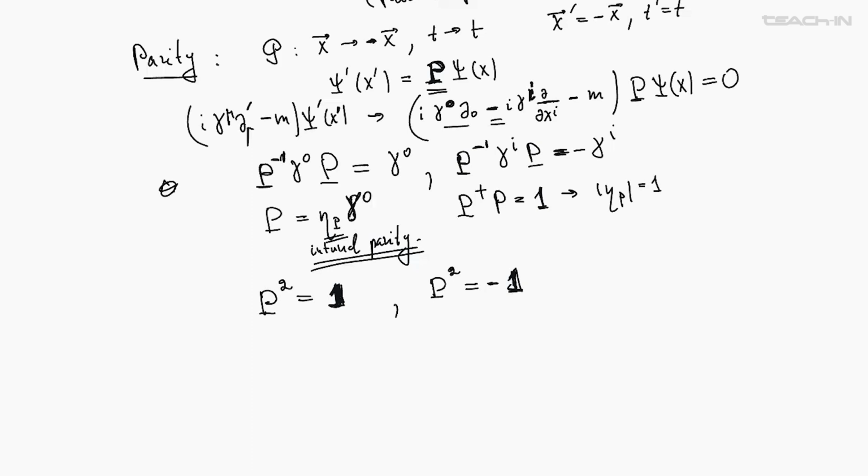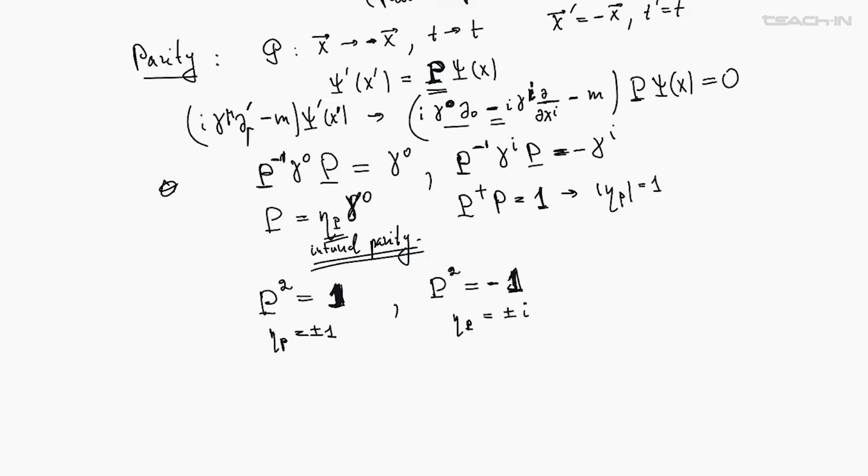In the first case, for internal parity, you will find that eta P is equal to ±1, while in the second case, you will find that this is ±i, because these formulas are based on the statement that gamma 0 squared is equal to 1.